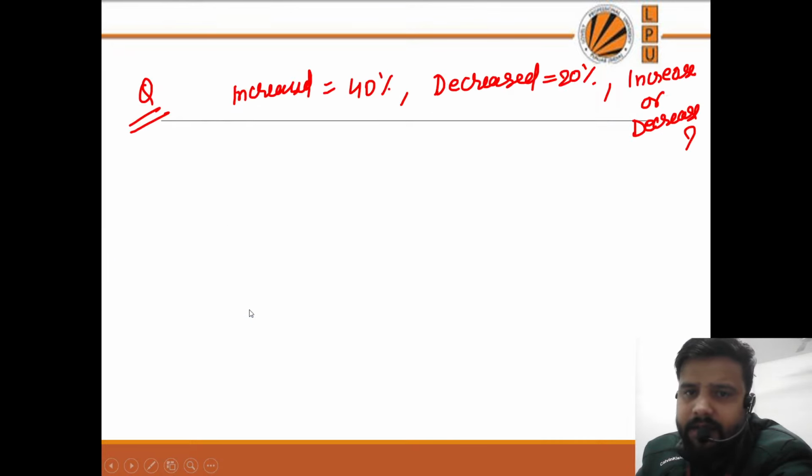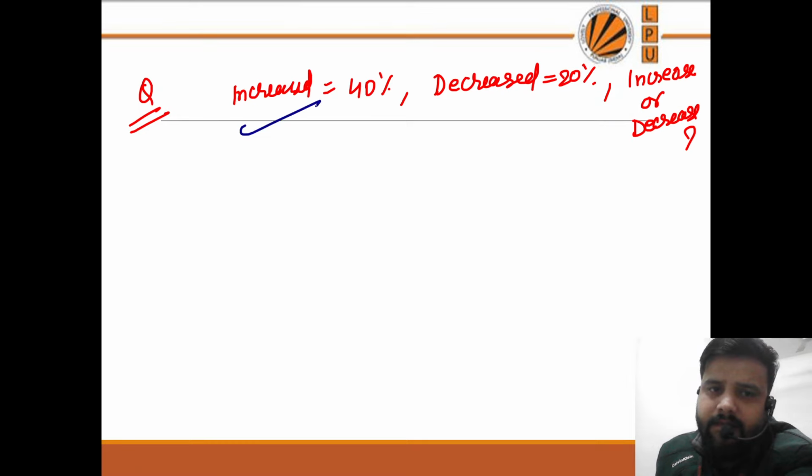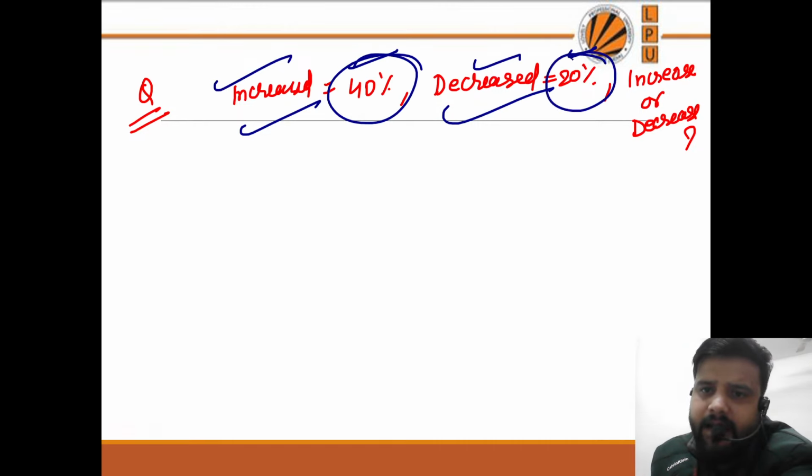Now let's come to this question and apply the formula in this. One percentage is increase and the second is decrease. It means you will treat this percentage as positive and this as negative. So when you are applying this formula, instead of 20, you will take it as minus 20. The formula is a plus b plus ab by 100.